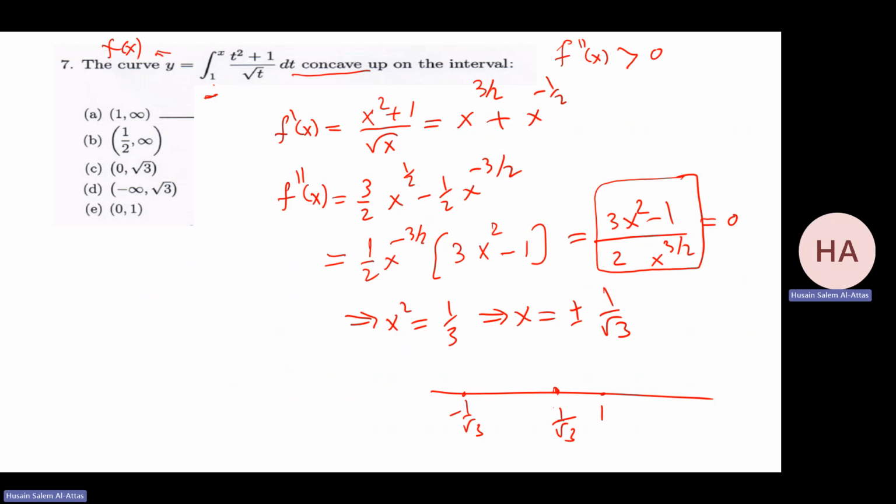So for sure, 3x squared minus 1 will be positive, negative, positive. So it is increasing from 1 to infinity. Actually, I have it everywhere here, but I'm concerned about from 1 to infinity.